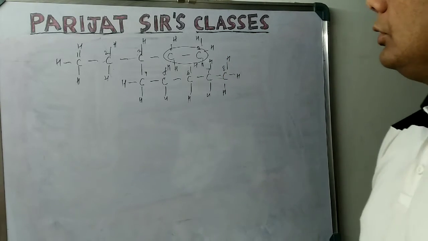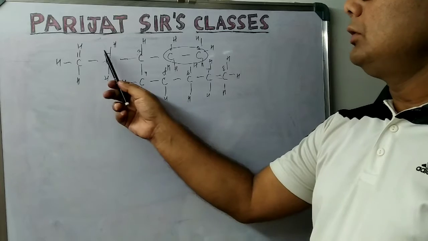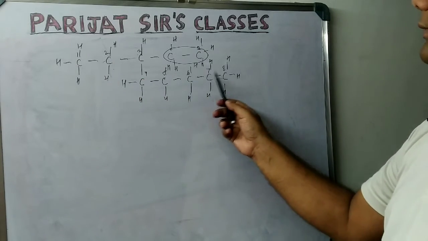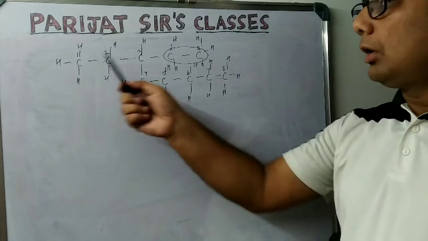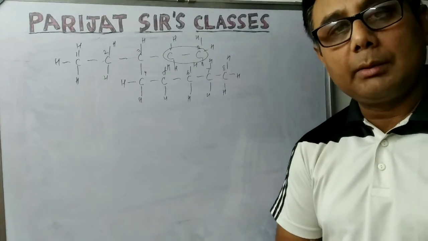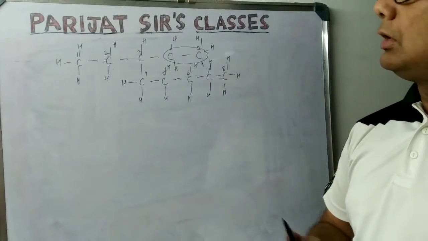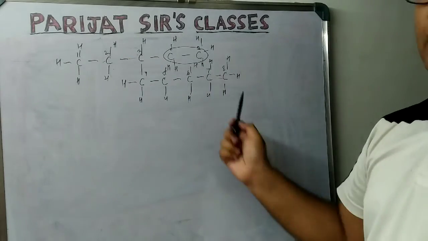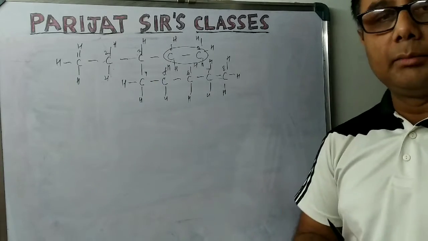So now, if I give the numbers 1, 2, 3, 4, 5, 6, 7, 8, the longest chain is chosen. Second, as I told you, look for the double bond, triple bond and single bond. There is no double bond, there is no triple bond, and there is only single bond.